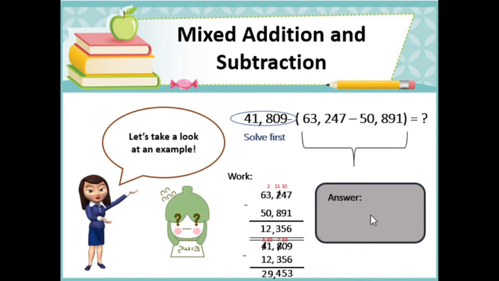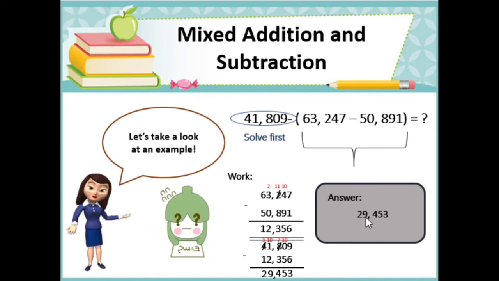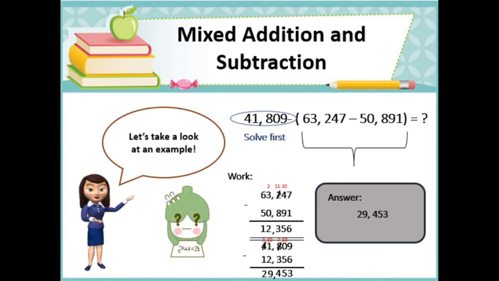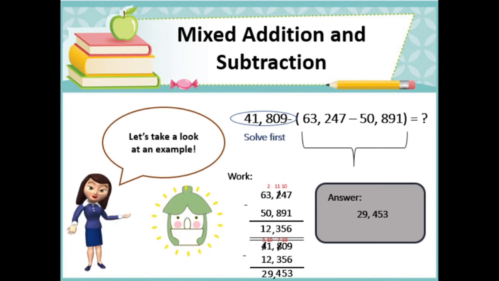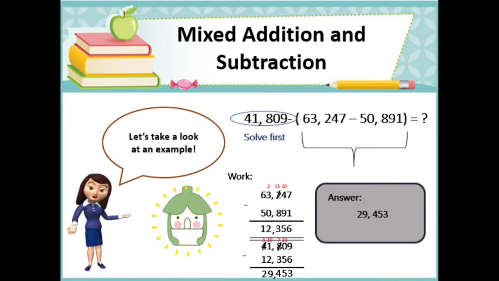Thus, our answer for this equation is 29,453. Okay, that's it for mixed addition and subtraction. Again, always solve the numbers first that are inside the brackets or the parentheses.